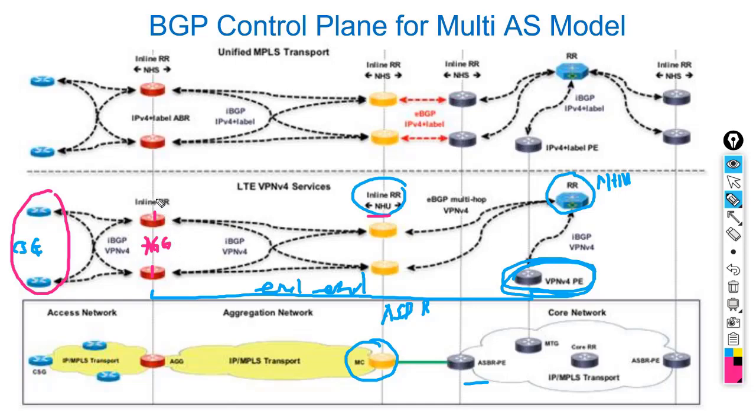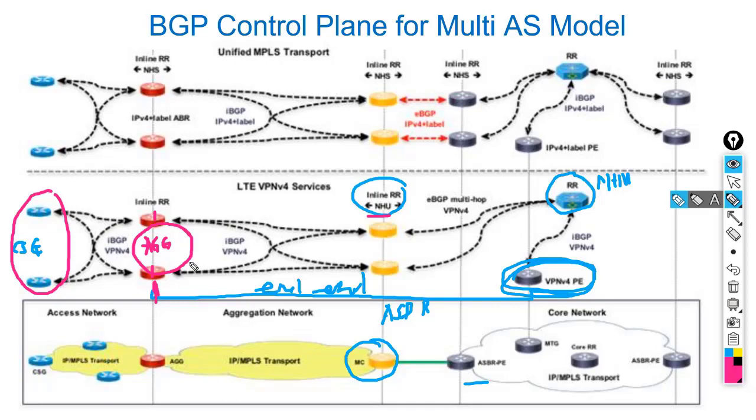So instead, we set the next hop for VPN routes from CSG to AGG. Then we only advertise a small number of addresses on the AGG to the core domain. So when the PE router in the core domain receives a VPN route from the metro, the next hop is the IP address of the AGG.